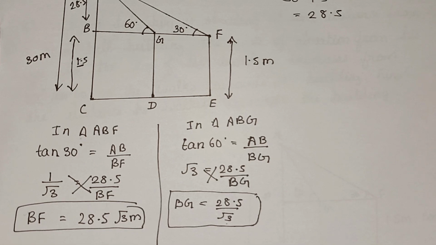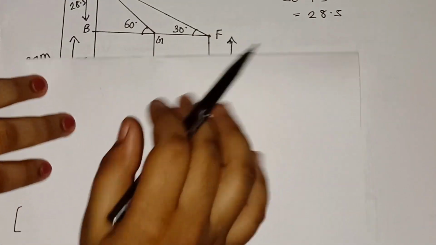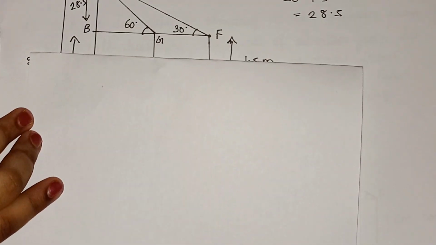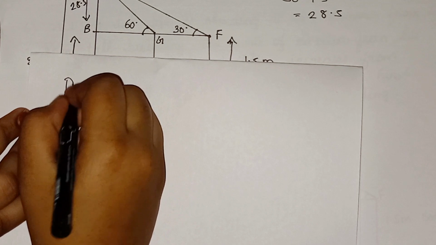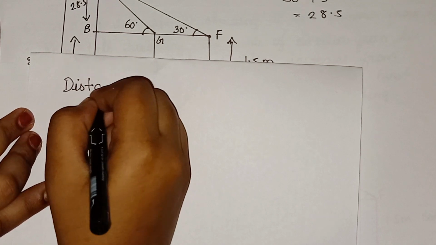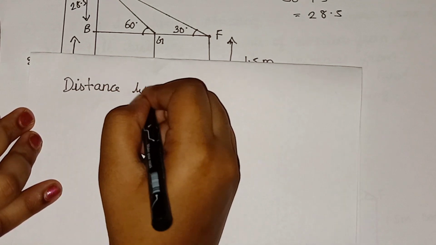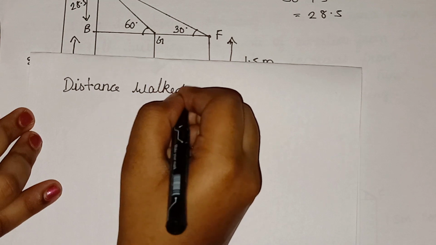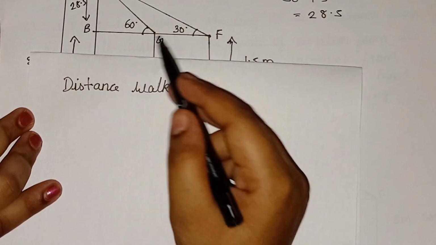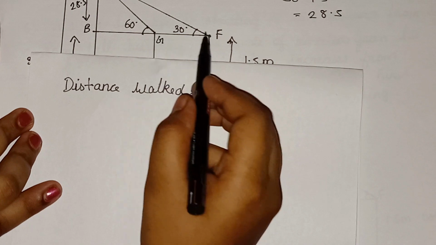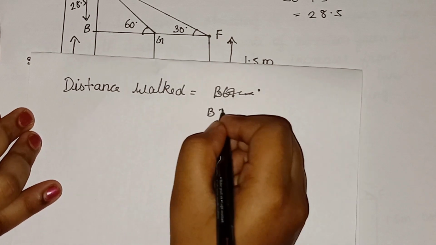Now since we have the BG and BF values, let us write distance walked is equal to GF, so we have to subtract BG from BF.